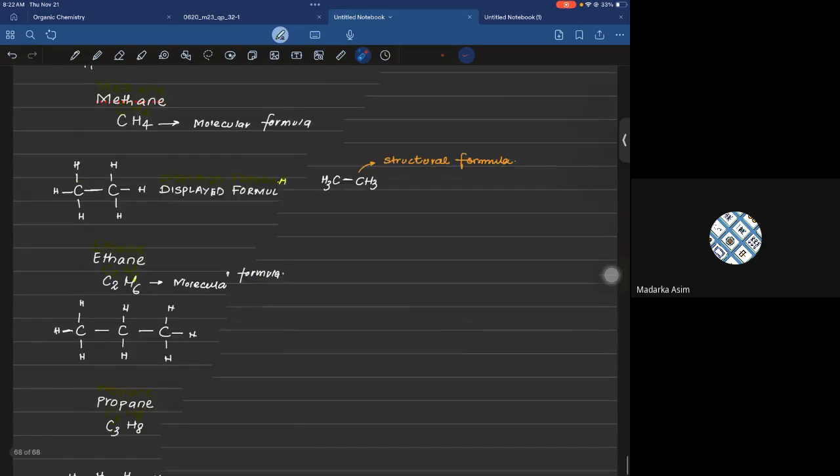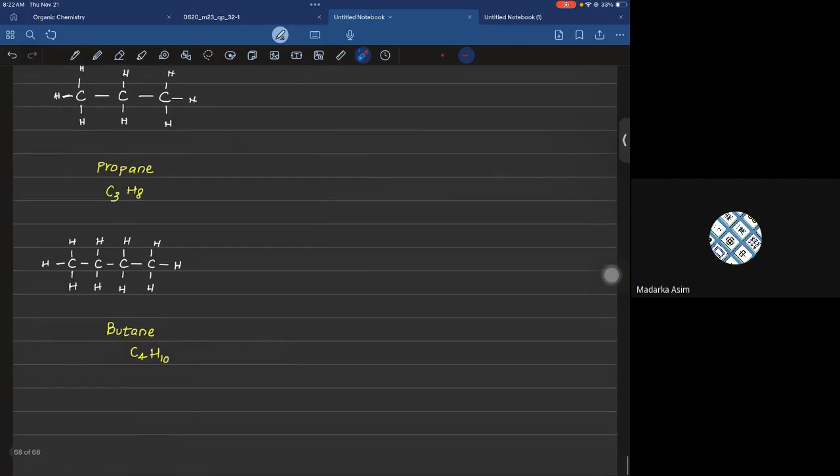These were some family members I told you about, like methane, ethane, propane, butane. Before discussing the physical and chemical properties, you need to know how they look, what the formula is, how many carbon atoms and hydrogen atoms they have. That's why I was telling you the different formulae and structures for alkanes. Okay, simple.